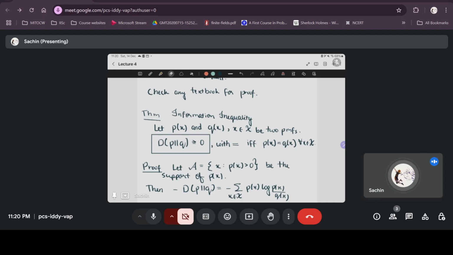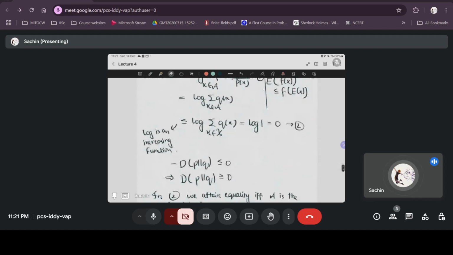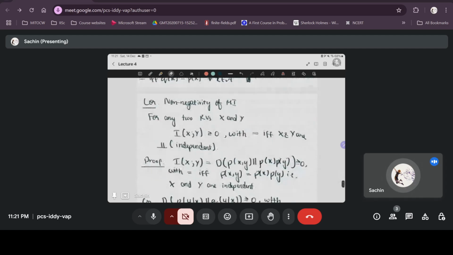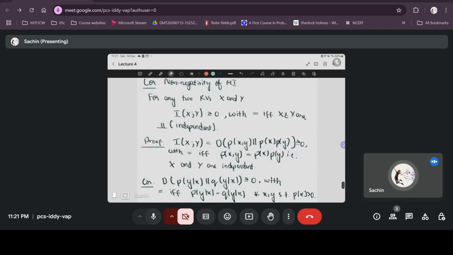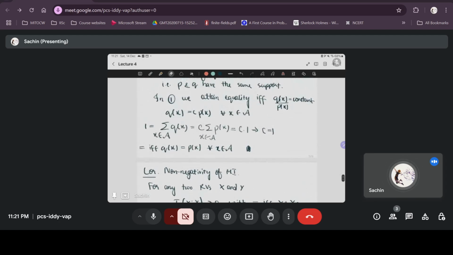So you prove a big theorem, and then for slight modifications or slight changes you make to the theorem, you can get some other related result. Then you call it a corollary. Because like you said, we proved that information is non-negative and relative entropy is non-negative, right?